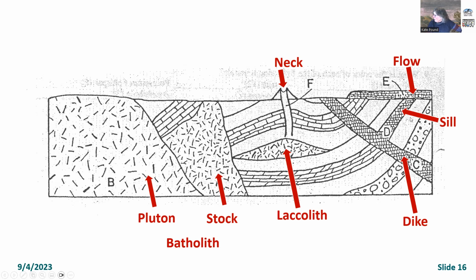That's a flow. If you have material that intrudes parallel to other sedimentary layers, we call it a sill. And if that intrusion may reach the surface, cuts across the other layers, it's called a dike.